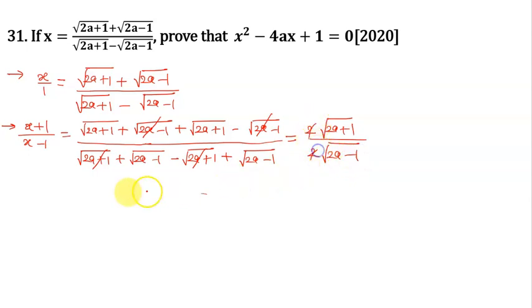Here 2 will get cancelled, and then it implies that (x+1)/(x-1) is equal to root of (2a+1) upon root of (2a-1).